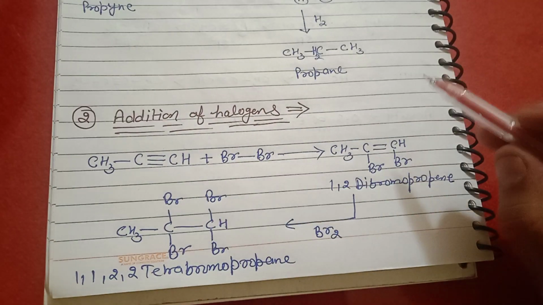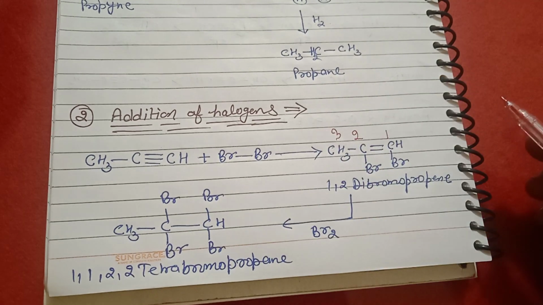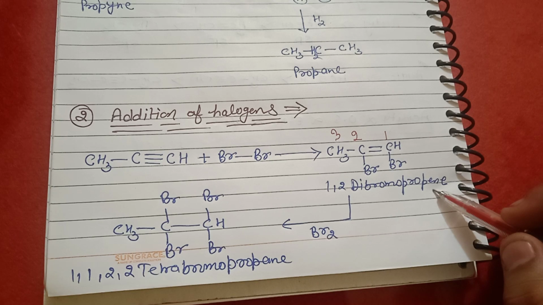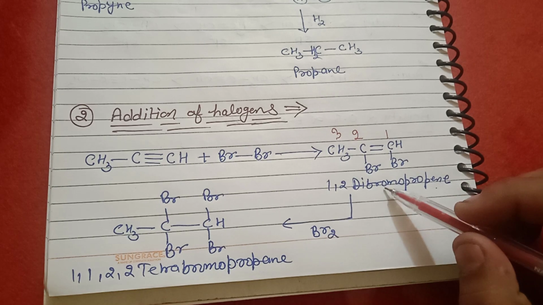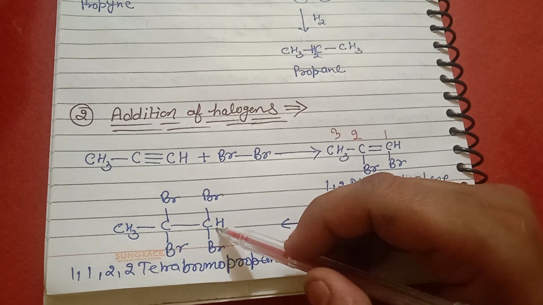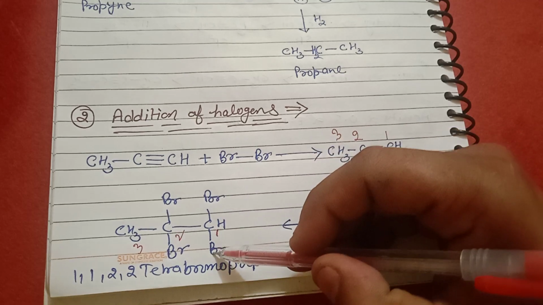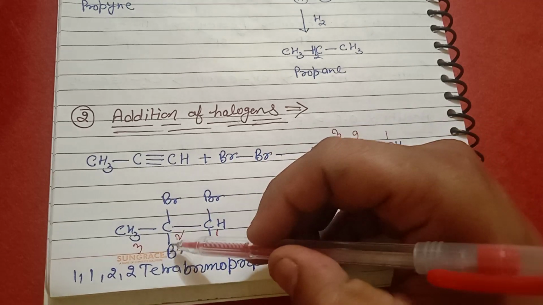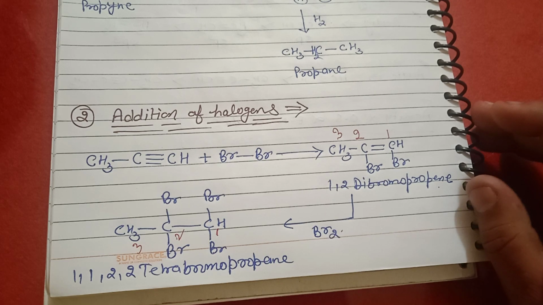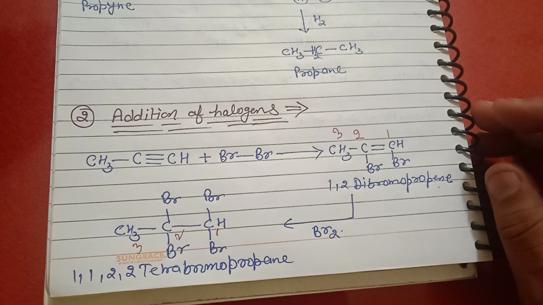So this forms 1, 2 dibromopropene. फर्स्ट एडिशन में प्रोपीन बनेगा and another time we add bromine, so it gives 1, 1, 2, 2 टेट्राब्रोमो प्रोपेन. This is the simple addition reaction.